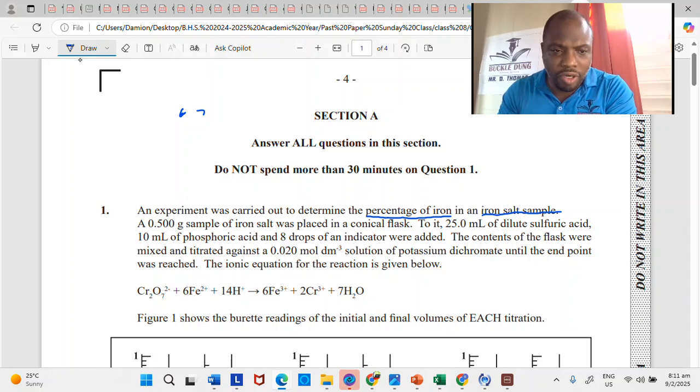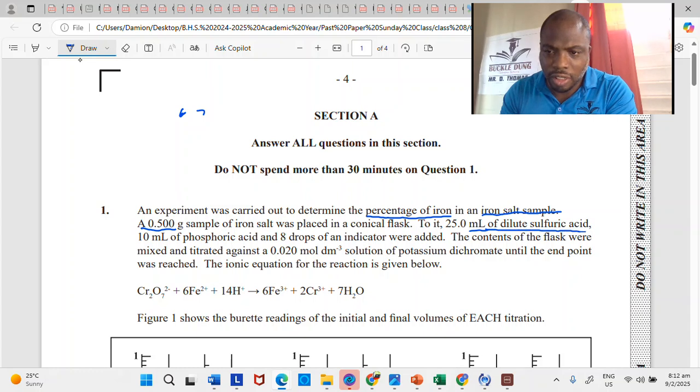It also goes further to say a 0.500 gram sample of iron salt was placed in a conical flask. To it, 25 milliliters. As I said, when we see this, it is the same as what? Anybody knows?